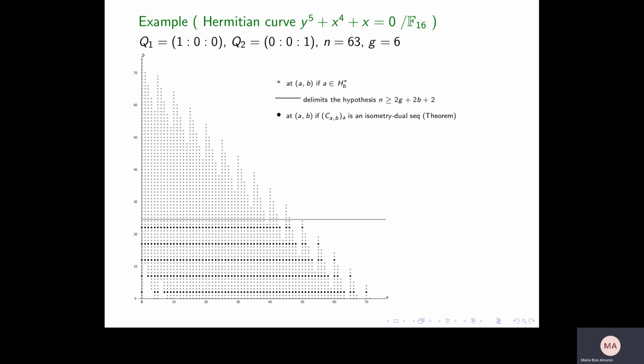In our case, n is 5 because it is the index of y. So we have the isometry-dual sequence property if and only if 5 divides twice b plus 1. This is only possible if b is equal to 2, 7, 12, 17, 22, and no more, because then we get out of the limits of our theorem.